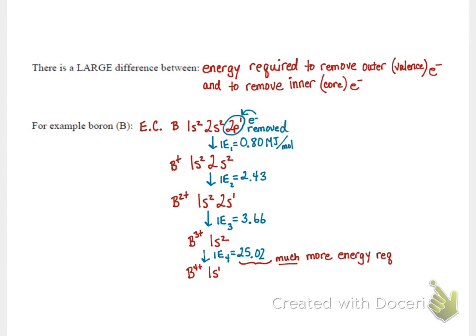The fourth ionization energy is 25.02, a huge jump from 3 to 25. Much more energy is required because now we have to dig into the non-valence electrons, and we can see that in the amount of energy required.